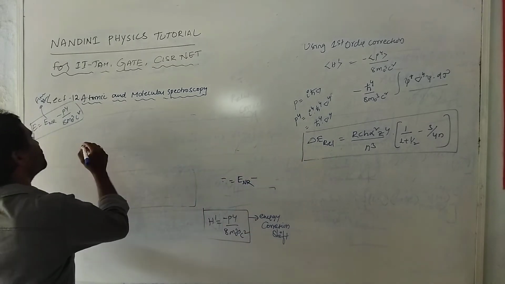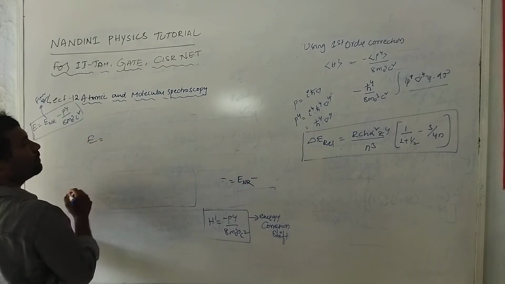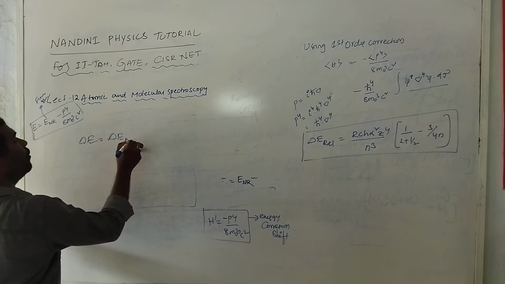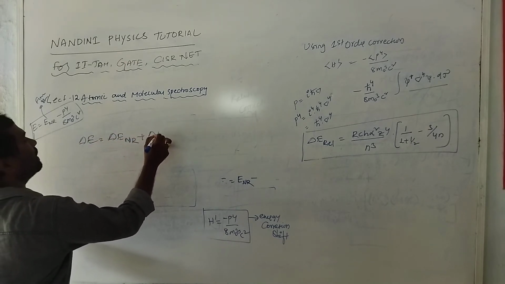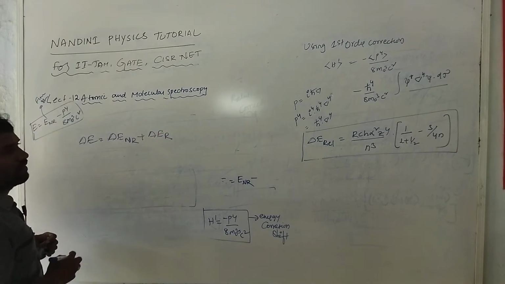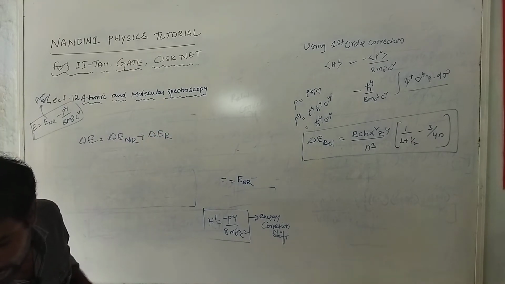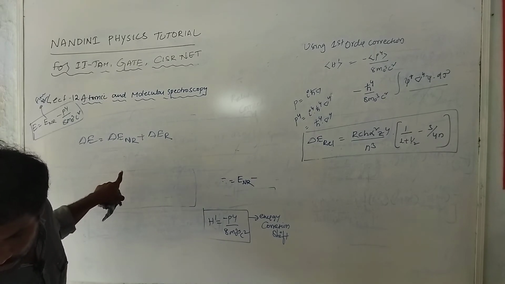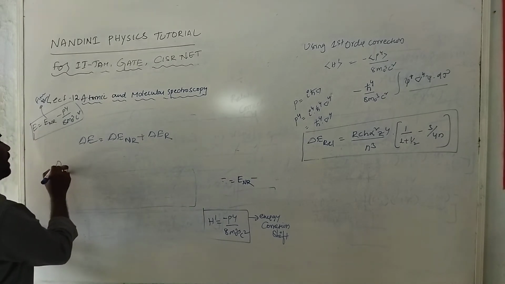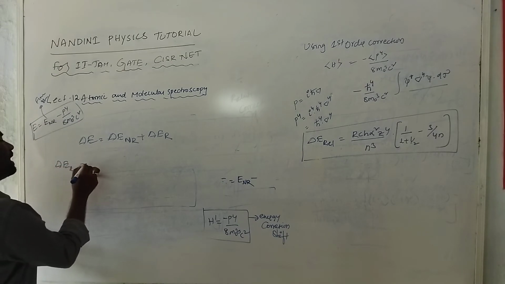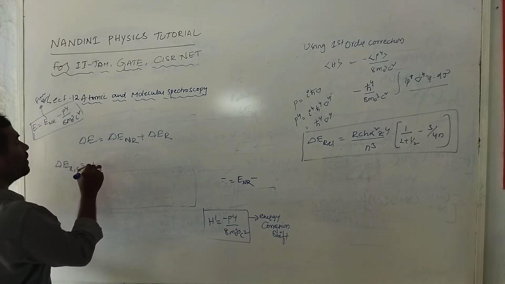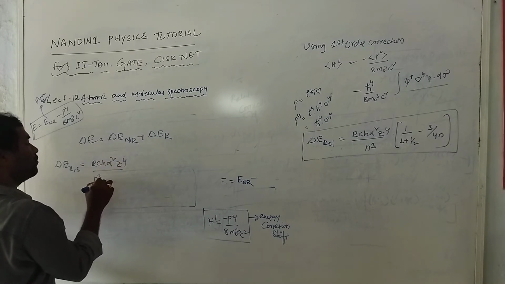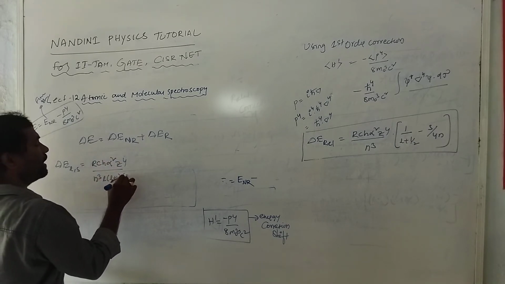The total energy shift delta E is equal to delta E non-relativistic plus delta E relativistic. For the non-relativistic, in the previous equation, by using spin orbit interaction, you will get delta E equal to RCH alpha square Z power 4 by n cube, L into L plus 1, L plus half.